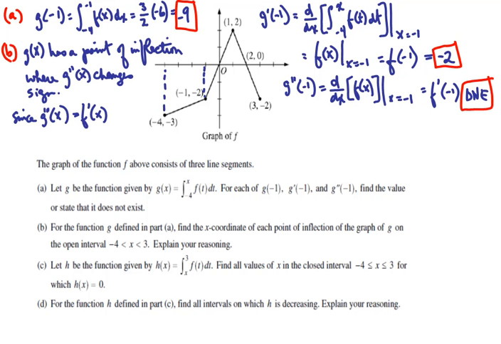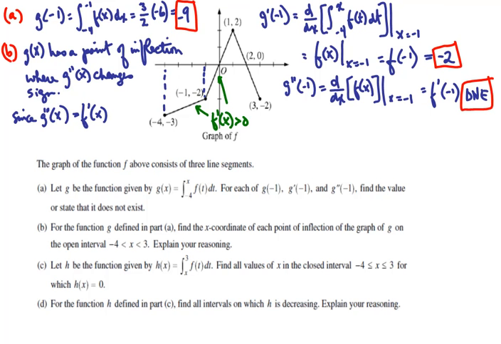Alright, for part B, we want to find the points of inflection of g of x. And g of x has a point of inflection where g prime prime changes sign. Since g prime prime is just f prime of x, which we saw on the previous step, then we want to find the places where f prime of x, or the slope, changes sign.